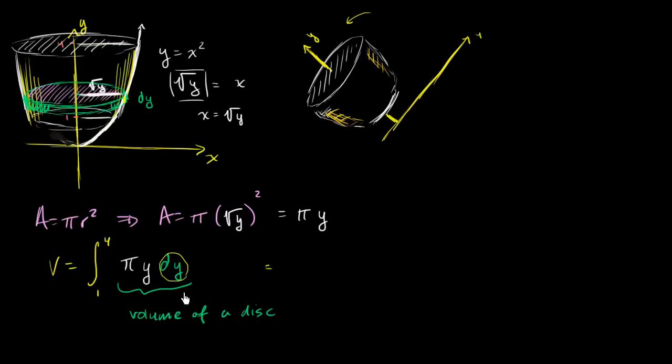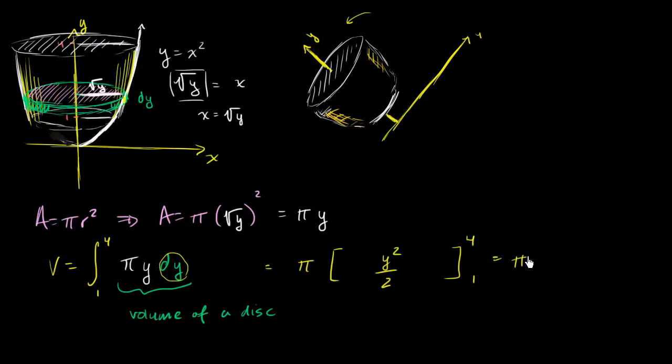And so how do we do that? Well, we could take the pi outside. It's going to be pi times the antiderivative of y, which is just y squared over 2, evaluated from 1 to 4.